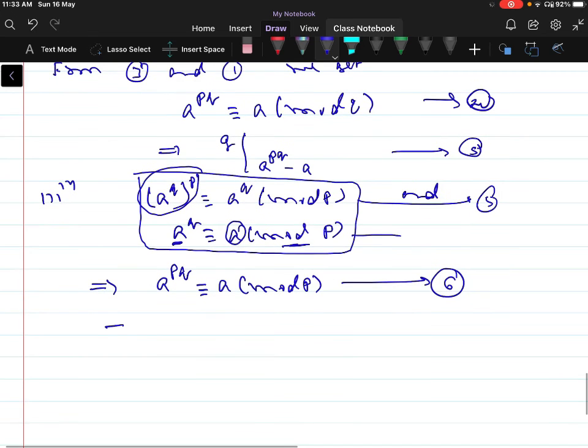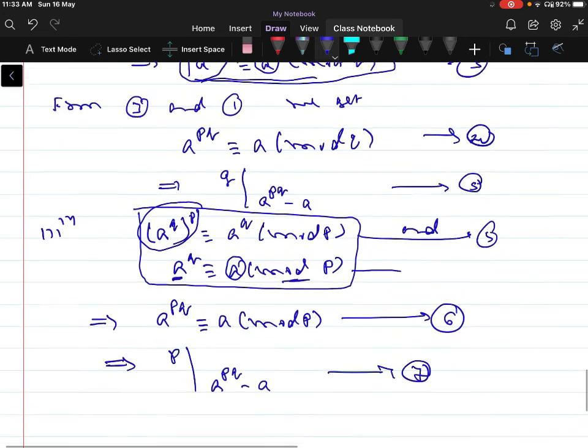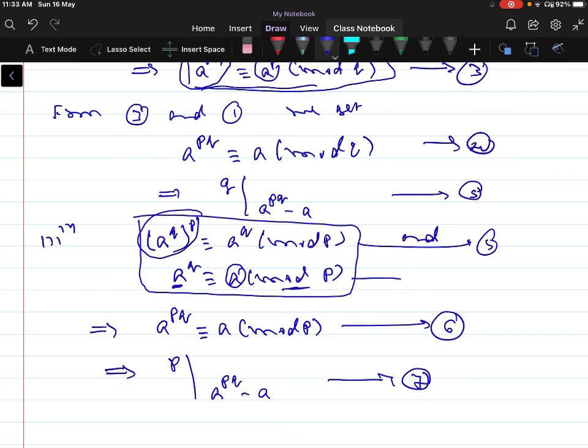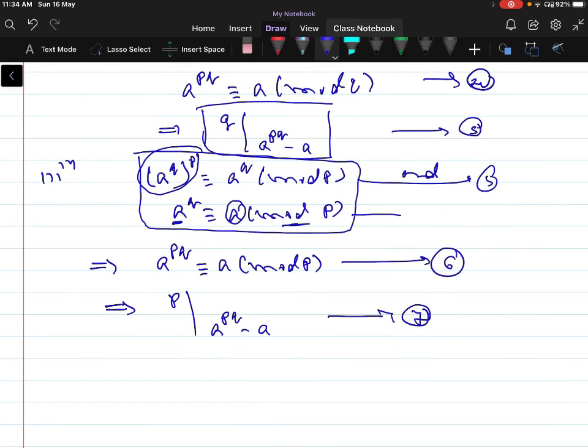So this implies P divides A power PQ minus A. Let us call it equation number 7. You can observe that Q divides A power PQ minus A from equation 5, and P divides A power PQ minus A from equation 7.